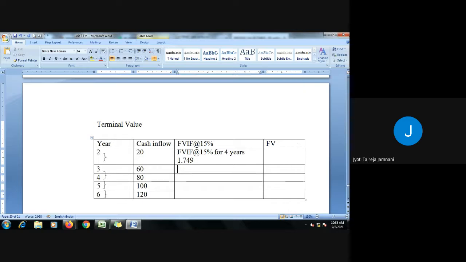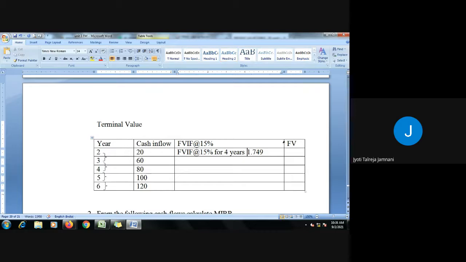Let's do it for the next year. First we'll multiply and find it here. If you do 20 into 1.749, we get 34.98. Similarly, we'll find the future value interest factor at 15% for now how many years? 3 years.